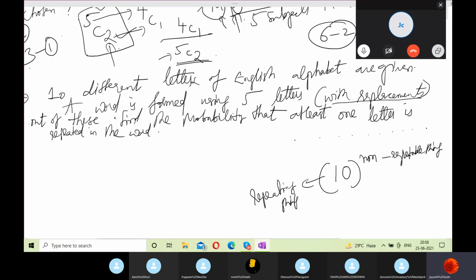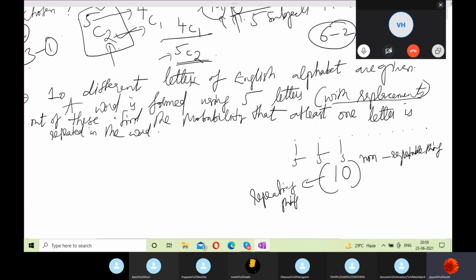Okay. So 10 different letters of English are given. A word is formed using 5 letters with replacement. So you need to make a 5 letter word. So here these are 10, and then what can happen here? What can repeat? 5 letters.